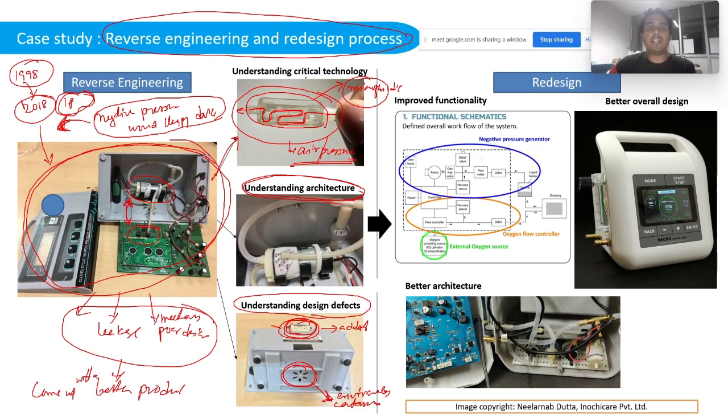So based on these understandings, we came up with a better architecture and also improved technology, where we are not only providing negative pressure wound therapy, but also providing another therapy in parallel. Based on understanding of their circuitry, we made certain modifications to our airflow circuitry to achieve the advantages which they were trying to achieve using this microfluidic device.